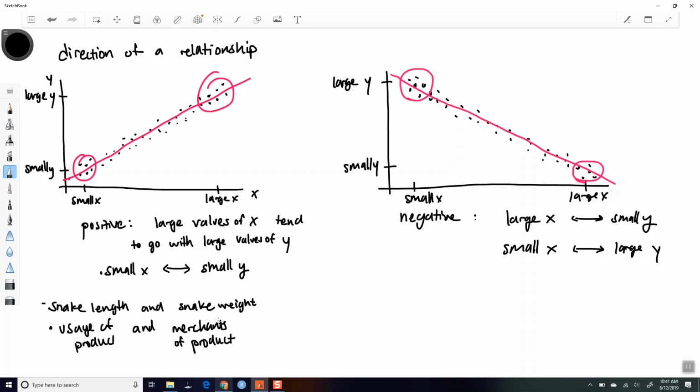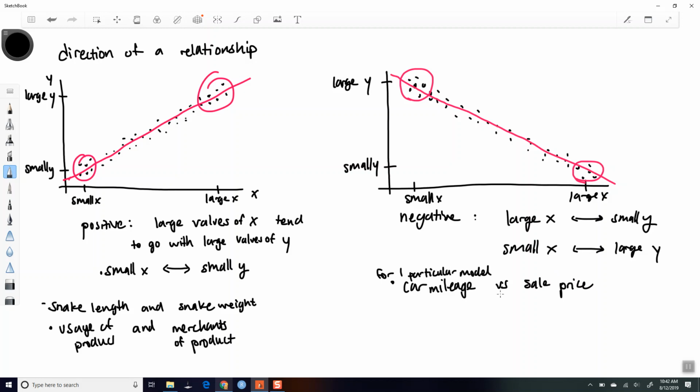A negative relationship example could be car mileage for a used car, the vehicle mileage versus sale price. We'll say for one particular model.